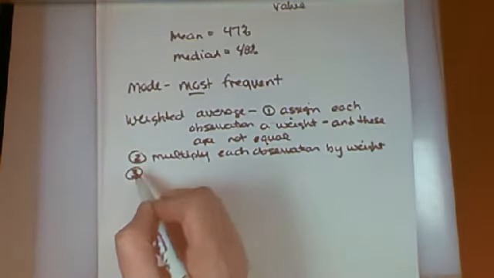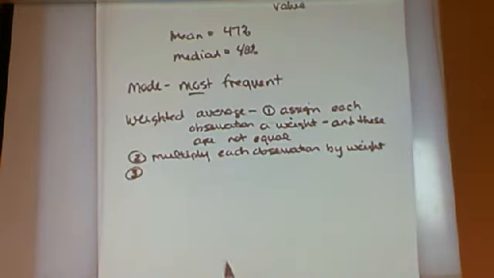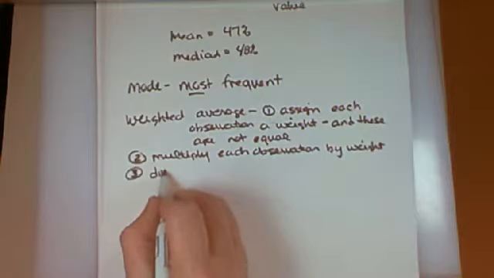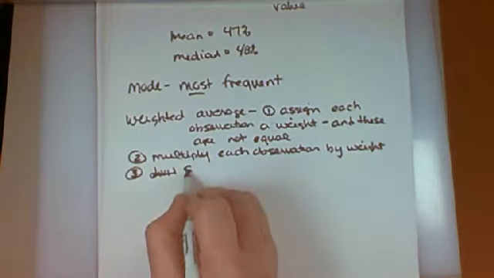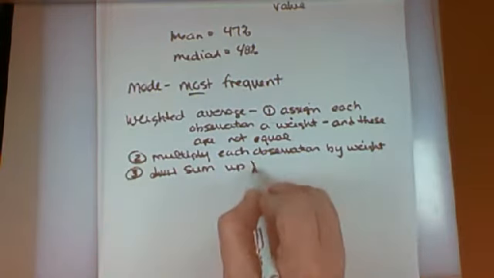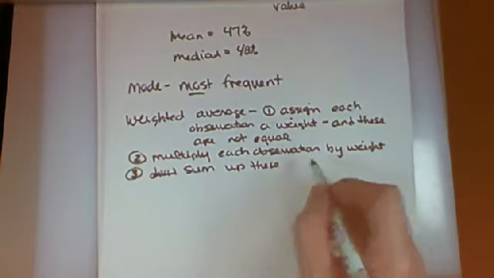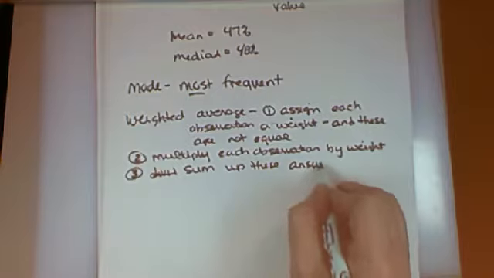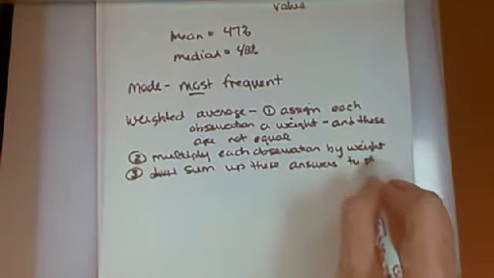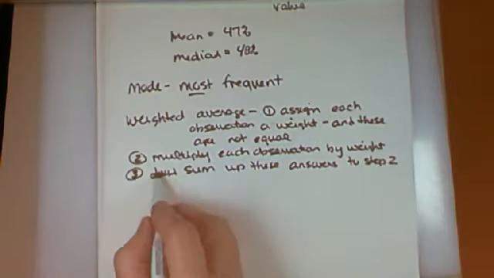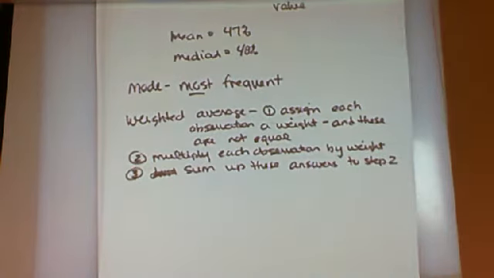Now here's where it's a little different with a weighted average. You sum up these answers to step 2. You add them all up to get the total. And usually when you're doing a cost estimate, that's where you stop, okay?